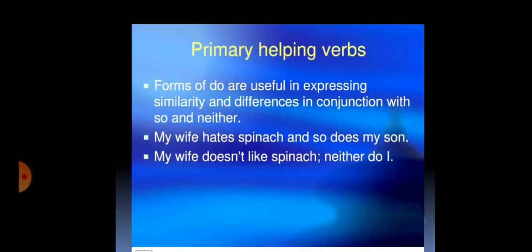Now, forms of do are useful in expressing similarity and differences in conjunction with so and neither. For example, my wife hates spinach, and so does my son. My wife doesn't like spinach, neither do I. So here we used does to show the similarity or differences.